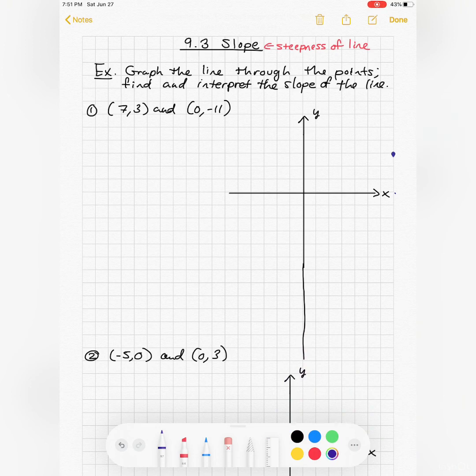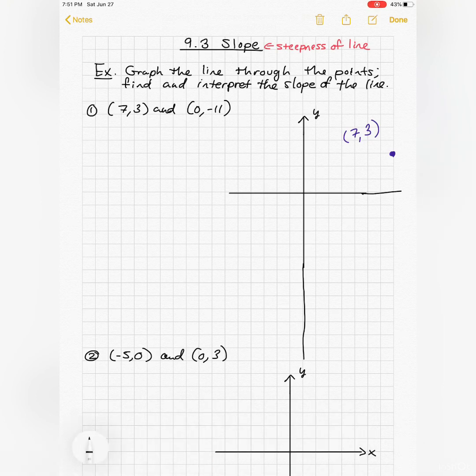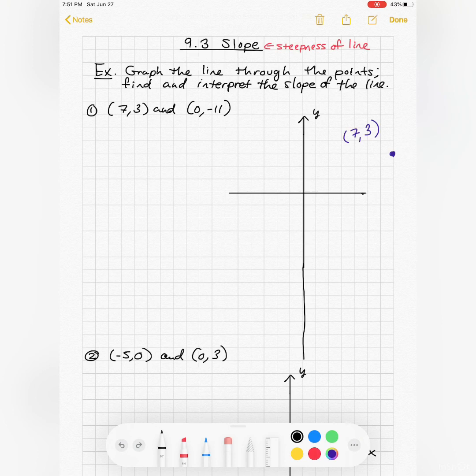That's here. Okay, 0, negative 11. That's here.